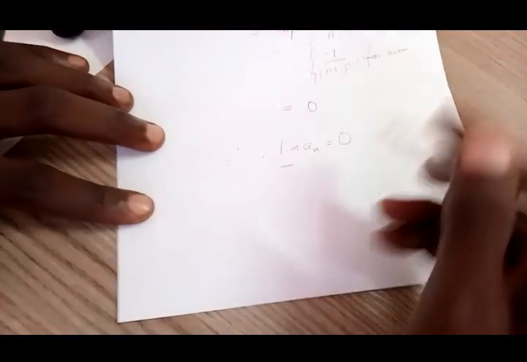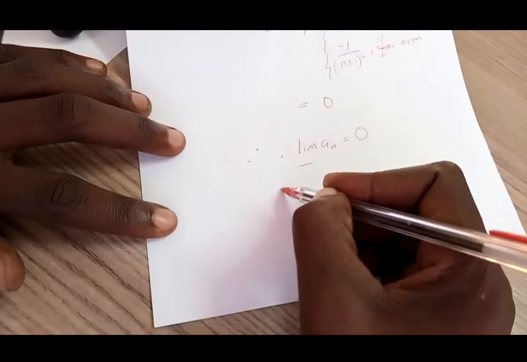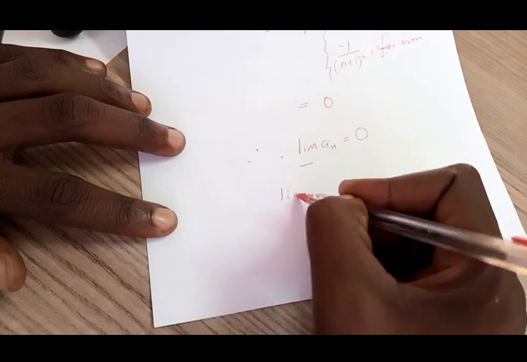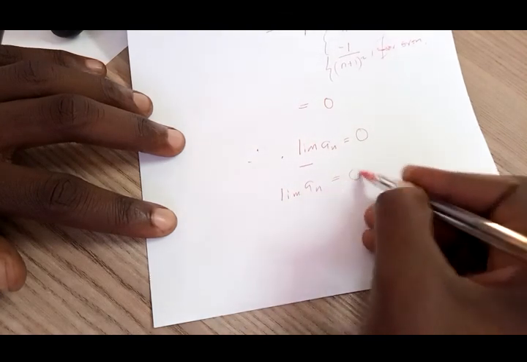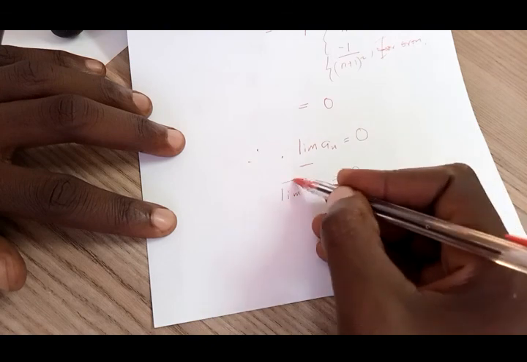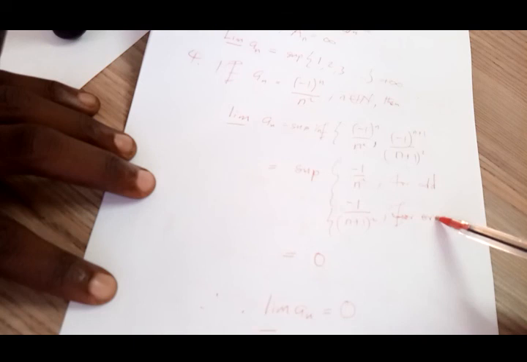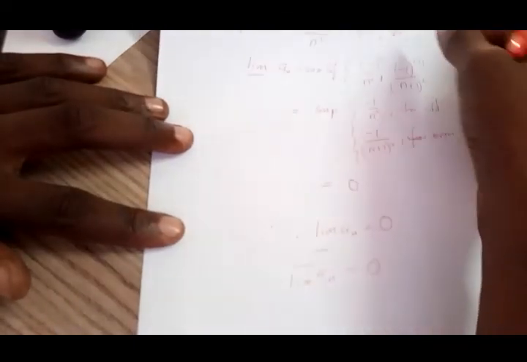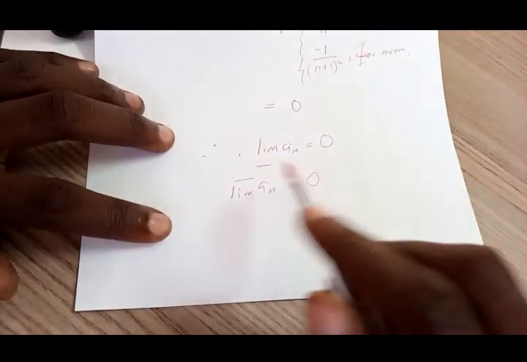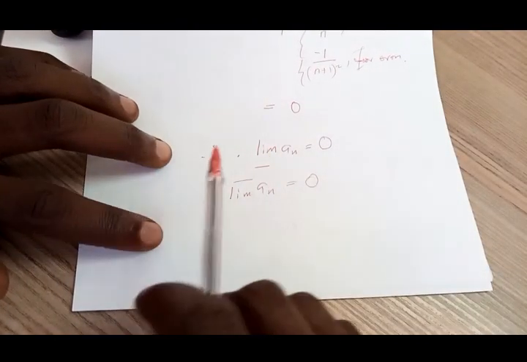The limit superior of a_n is also going to be equal to 0. If you check, you put even here, odd there, you swap them, and you have your limit equal to the same value, in this case basically 0.